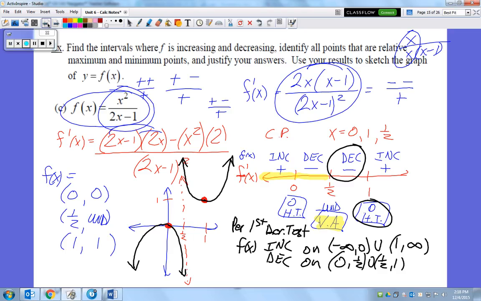And then we will say relative max at x equals 0, because f prime of x changes signs from positive to negative. It's a union, you're far away. Looks like a 0, it's not, it's almost close. That's better.